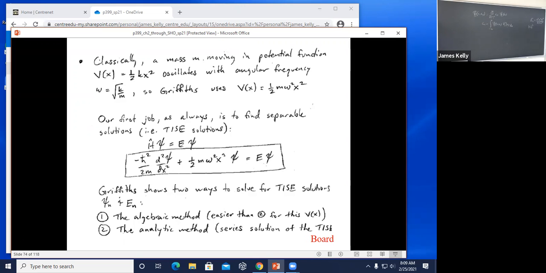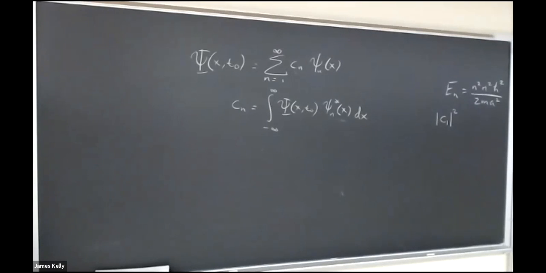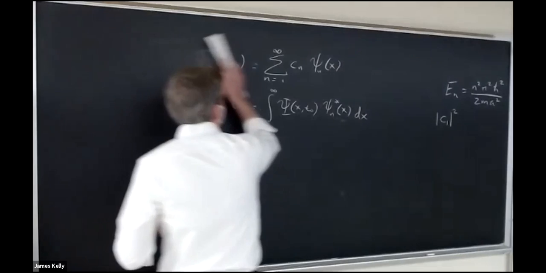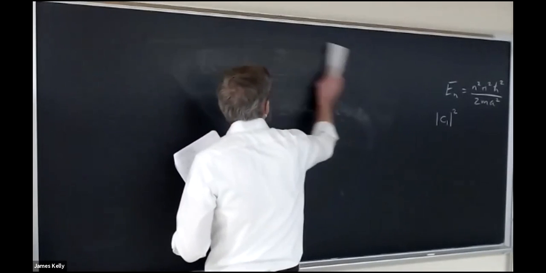All right, so we defined some operators that were called the raising and lowering operators. And let me write those on the board again. Right, we've got our x hat and p hat.